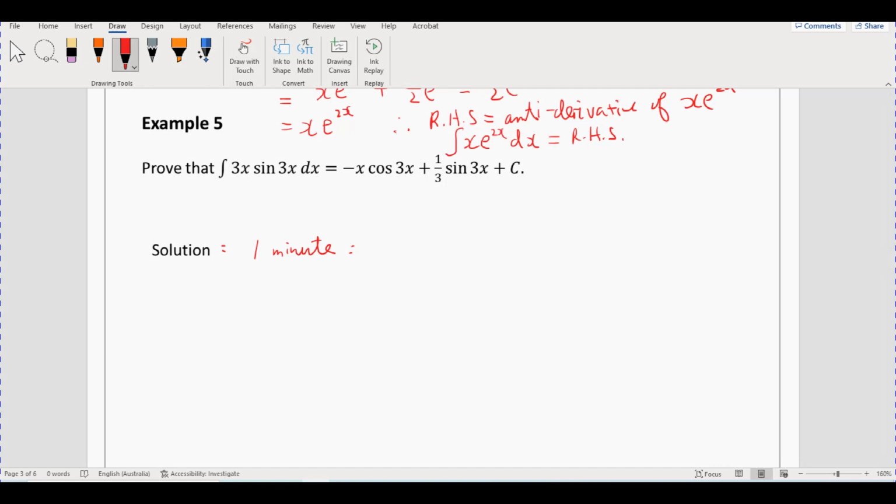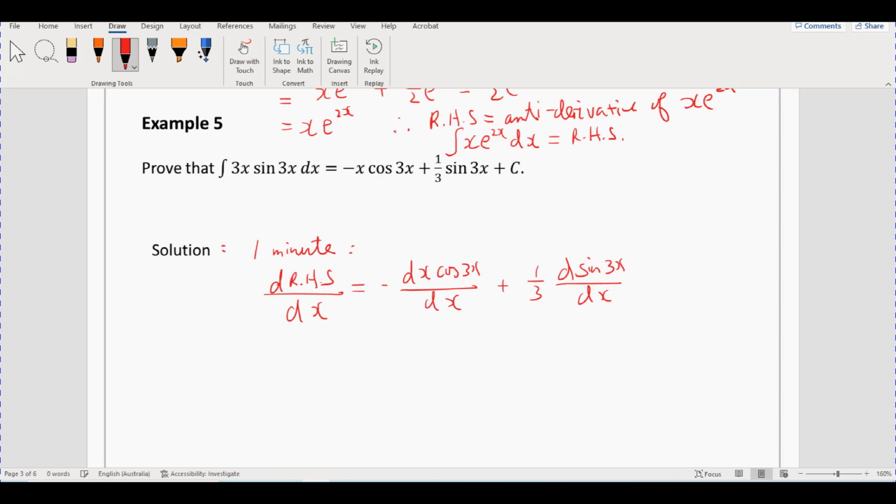Okay, so let's show you how we can get that right hand side differentiated. All right, so let me do it. The derivative of the right hand side. There are three parts of it. Let me just do it a little bit quicker. Obviously we can separate this into three parts.